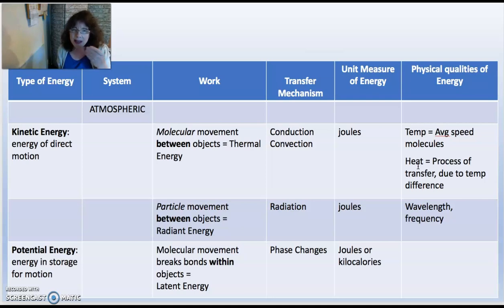So we might talk about temperature and heat when we talk about kinetic energy. When we talk about a type of kinetic energy, radiant energy, we might talk about wavelength and frequency as well. So I hope that this will help you a bit for your awareness of types of energy and types of work.